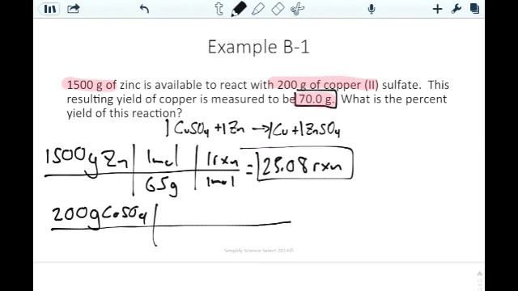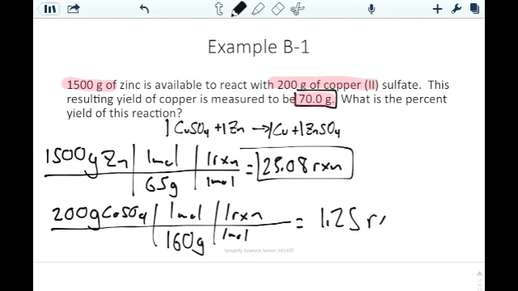And then 200 grams of copper 2 sulfate, which has a mass of right around 160 grams per 1 mole. And again, it's 1 mole in one reaction, which we multiply out, and that's going to give us a much smaller number, which is 1.25 in a reaction. Okay, so that's going to be our limiting reactant.